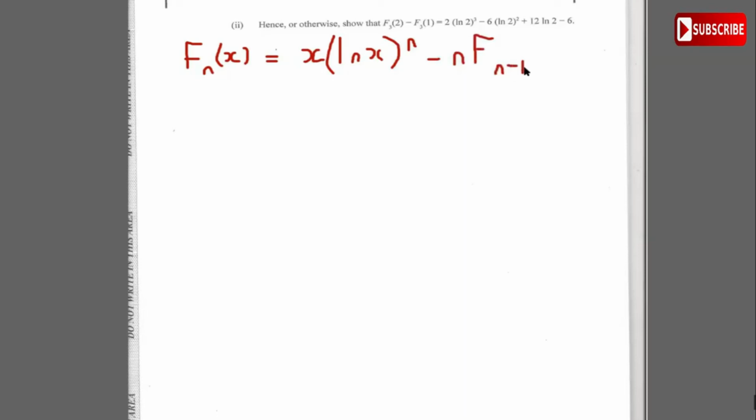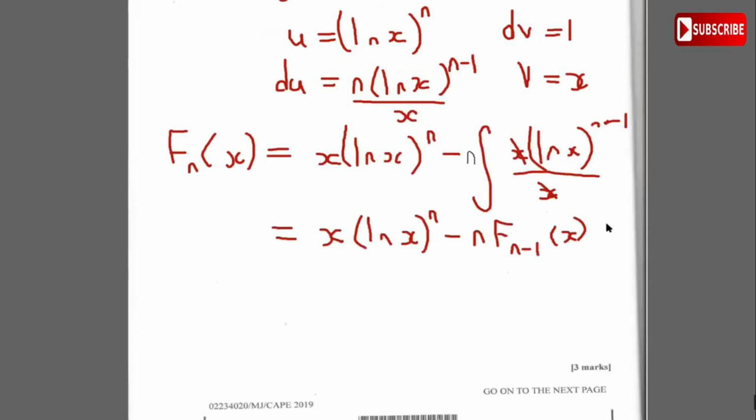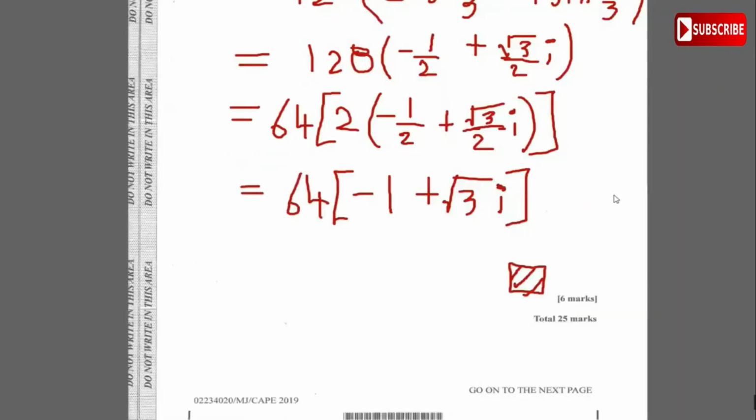That's what hence means: use the knowledge you just showed to prove the question above. Otherwise means you can do something else, but we're going to go hence.